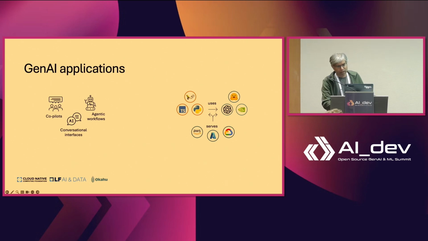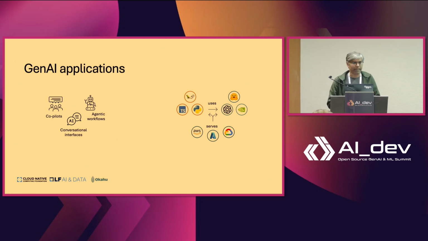And then on the other hand, you have all these different technology components that are used to build these applications. You have the application coding frameworks and libraries like LangChain and Llama Index, or your OpenAI agentic tool, the Google Agent SDK. And then you have all the LLM providers and LLM hosting.